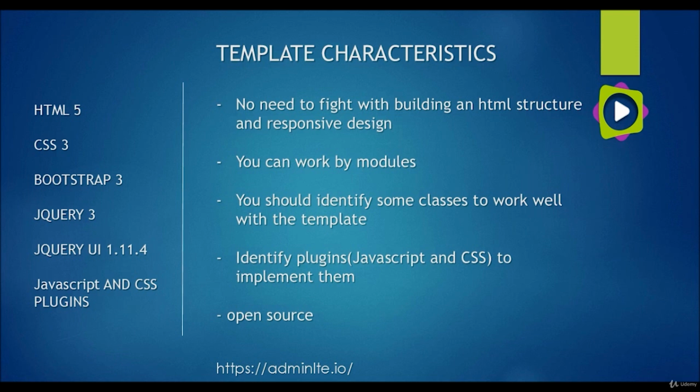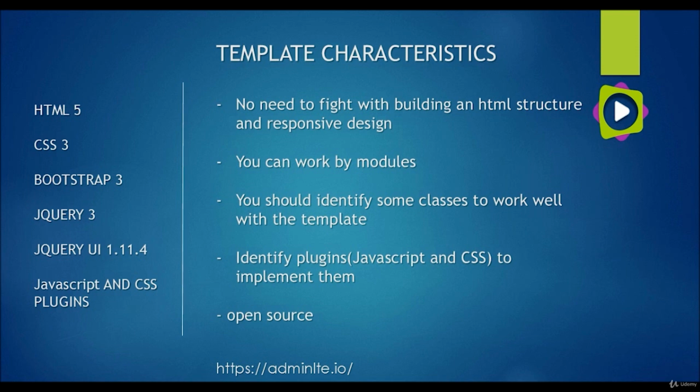This template is based on HTML5 and CSS3, and uses a framework called Bootstrap in its version 3. Bootstrap is in version 4 now, but the template was made with Bootstrap 3 and the developer has not updated it yet because Bootstrap 3 is still functional. The changes from the update were minimal.